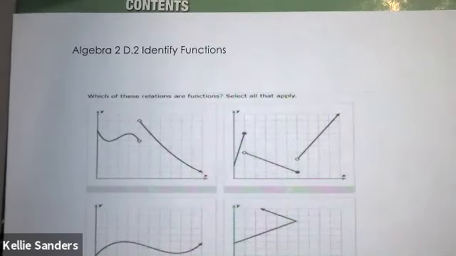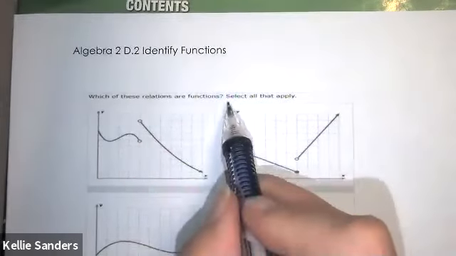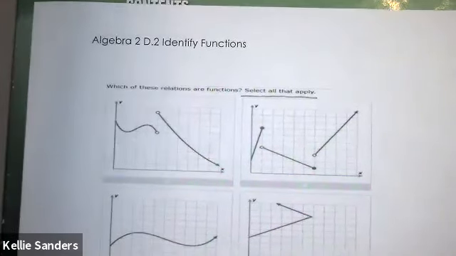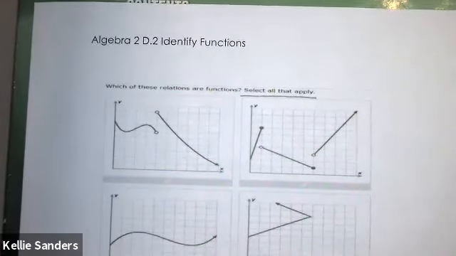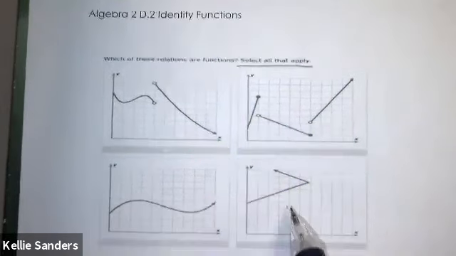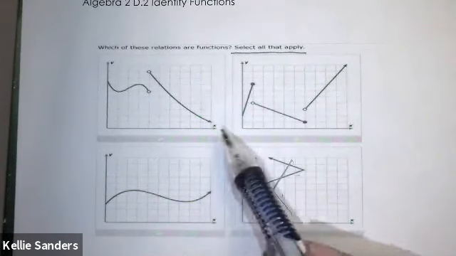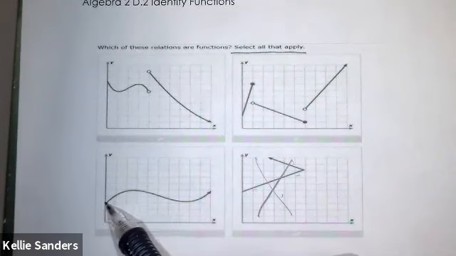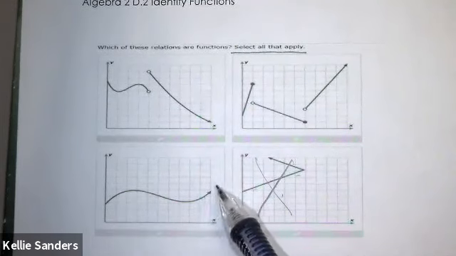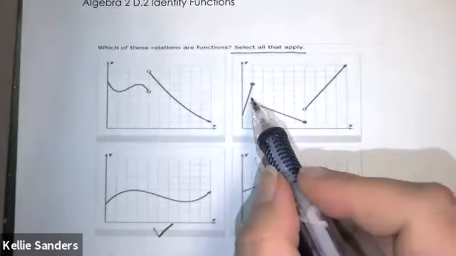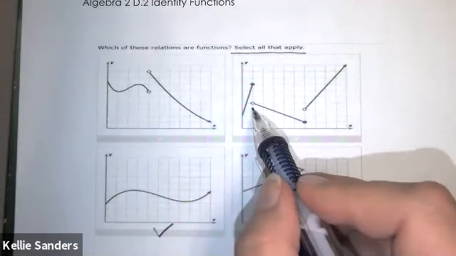And here, now be careful with these. It says select all that apply. Which of these relations are functions? This one's not a function because it wraps back onto itself. These are just when we have to be very, very careful. That's smooth, I like that. That is a function. And closed and open, that's okay.